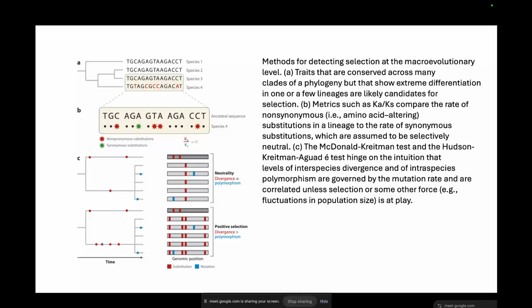So that is the mutation rate, right? On average, from father to son, how many mutations are carried forward, and what is the rate of new mutations coming in? So both intraspecies and interspecies divergence are governed by mutation rates unless there is selection happening. That is the whole hypothesis: unless that mutation is giving you some benefit, it's just the mutation rate at play. There is no selection happening.